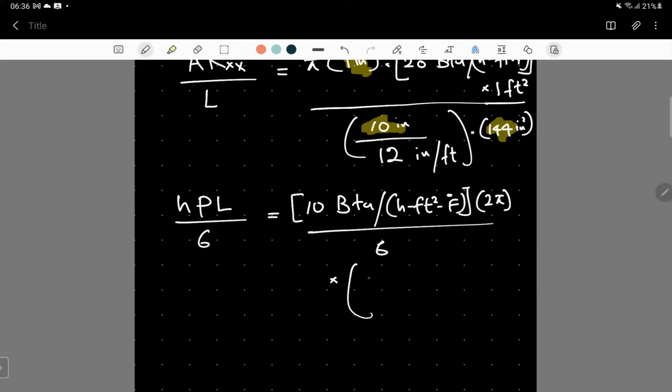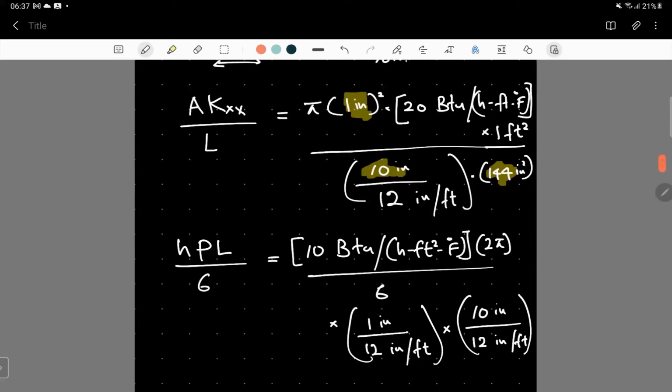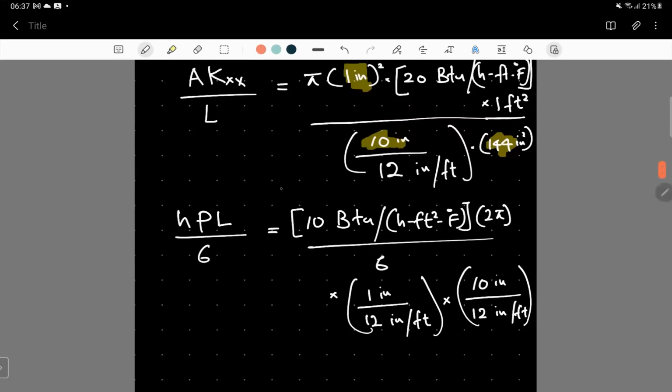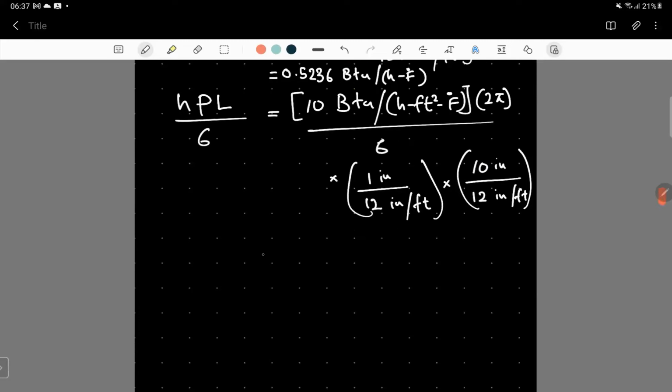Let's convert that 1 inch again to feet, and the length of the element is 10 inches, let's convert again into feet. If you solve this, maybe I forgot to write the answer, you would get 0.5236 British thermal units per hour Fahrenheit degree.